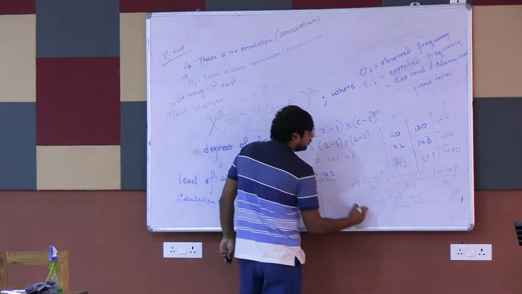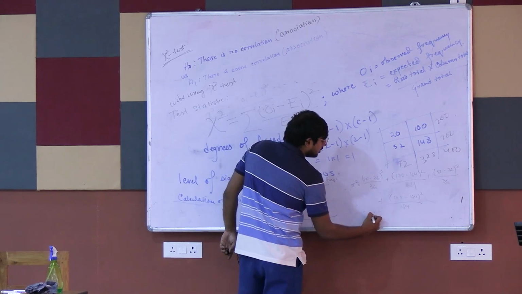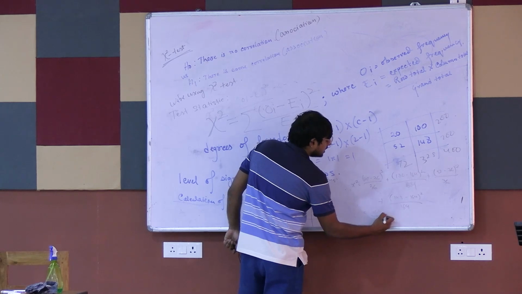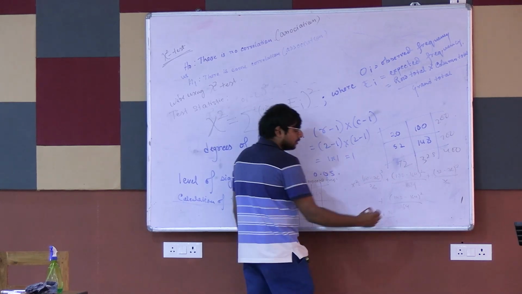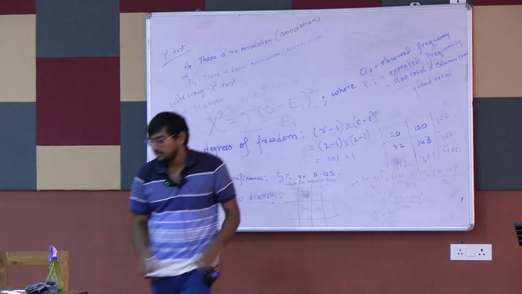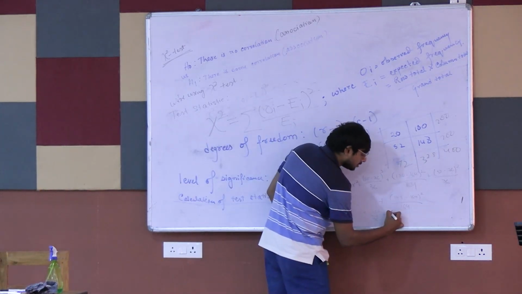How much will that come out to be? 16 square by 36 plus 16 square by 164. I'm just doing the calculations, even if this is not readable.